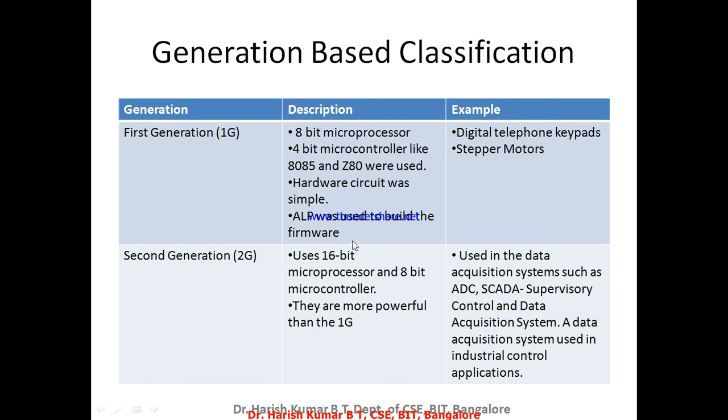Now the second generation, quite a little higher: instead of an 8-bit microprocessor, they use a 16-bit microprocessor and 8-bit microcontroller, and these embedded systems are much more powerful than the first generation, because they are based on the 16-bit microprocessor and 8-bit microcontrollers. They were used in data acquisition systems, which are systems used for collecting or gathering data, such as ADC, analog to digital.